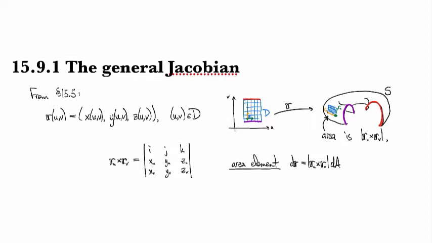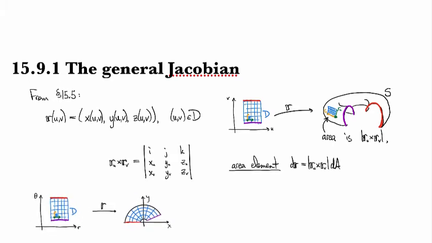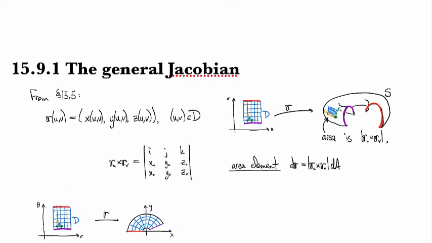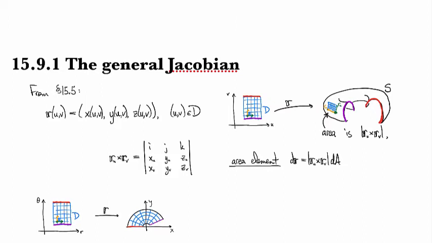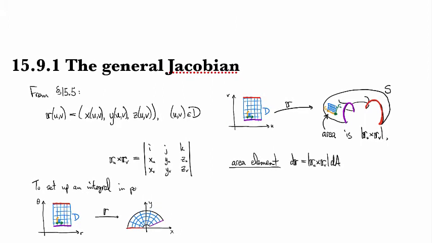Okay, so now let's look at how this relates to what we did when we set something up in polar coordinates. Let me bring in a picture. Here's how we set up an integral in polar coordinates.